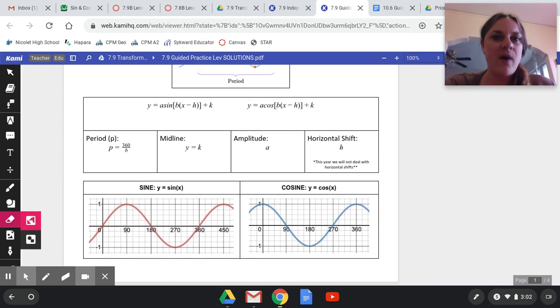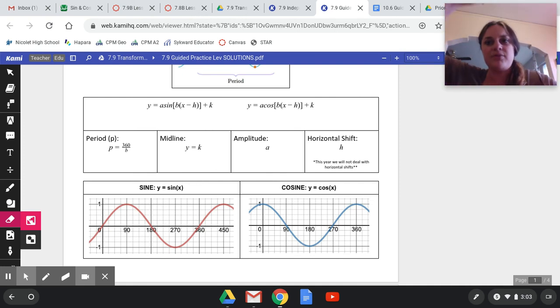These are the general equations. If you had your parent function toolkits, you remember A, H, and K that tell you different transformations. Your A value tells you your amplitude, your H value tells you a horizontal shift left and right, and then your K value tells you your midline. This should make sense because the midline is dictated by whether it is moving up or down.